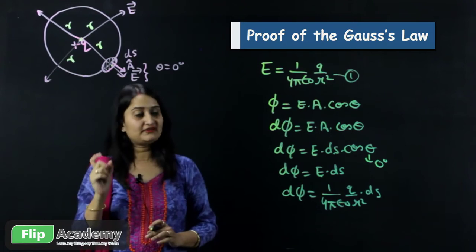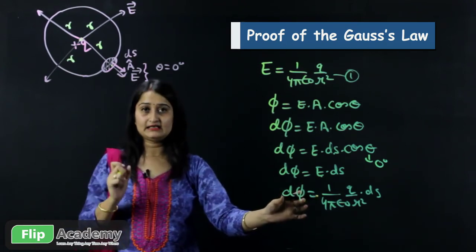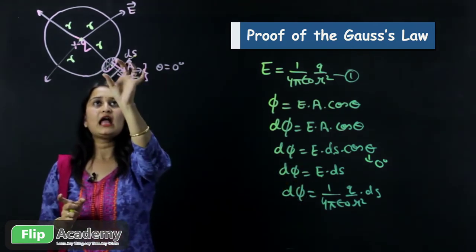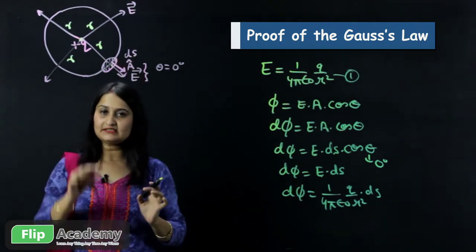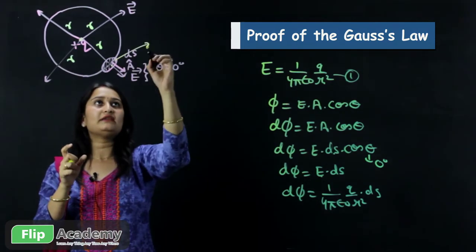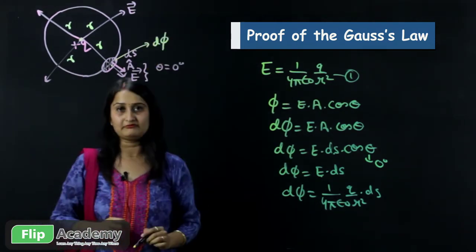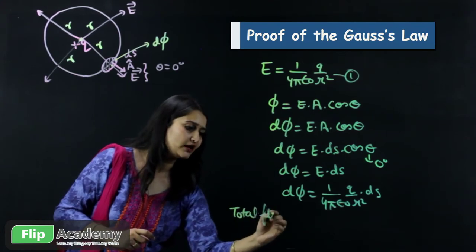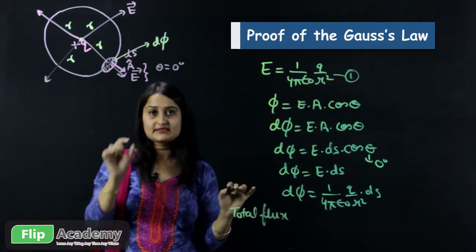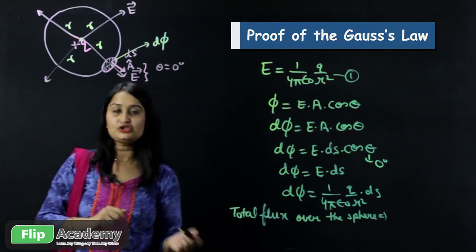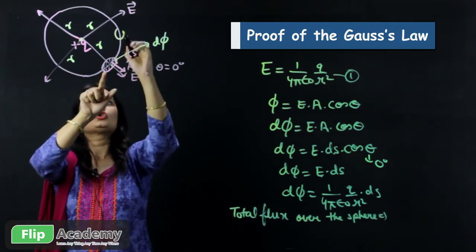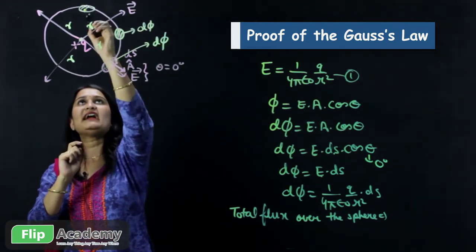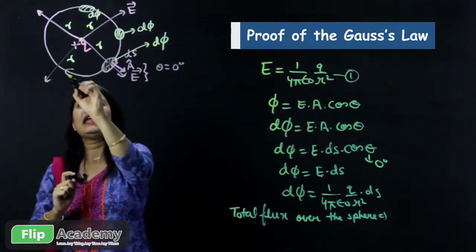Now look very carefully, this d phi is a very small flux, considered along ds, which is a very small area. If we have to find the total flux over the closed sphere, then the flux here is d phi, here it is also d phi, and here also d phi.